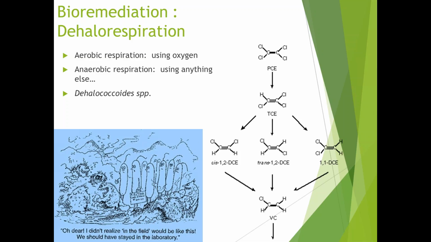It becomes reduced to TCE, which has 3, which in turn gets reduced to DCE, then vinyl chloride, and ultimately to non-toxic ethene. And in fact, Dehalococcus ethenogenes is a bacterial species which is capable of reducing PCE all the way to ethene. Unfortunately, it's the only known species capable of that complete reduction.